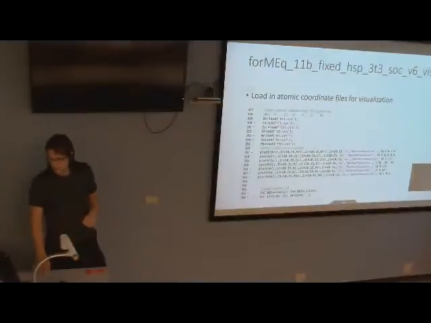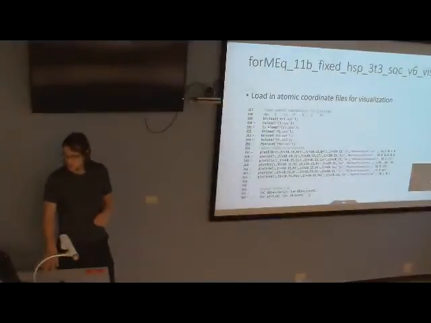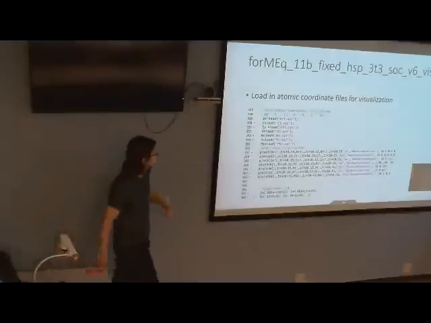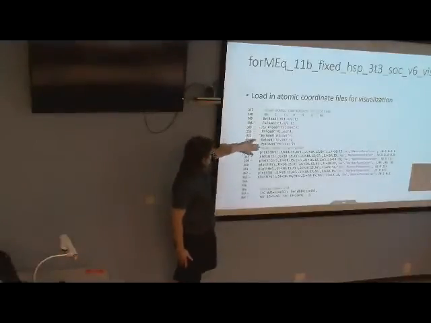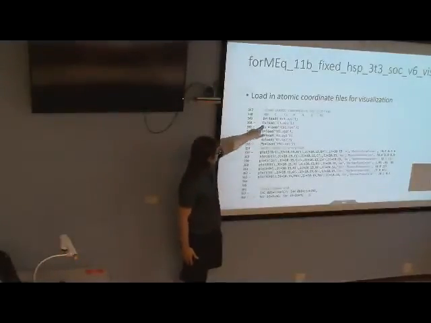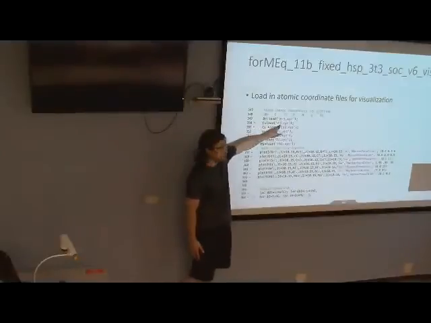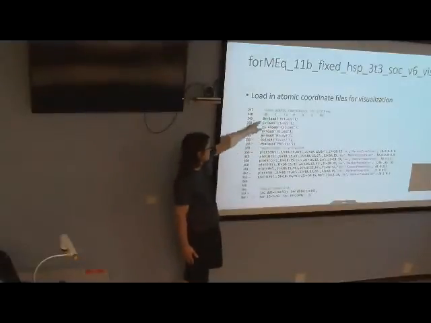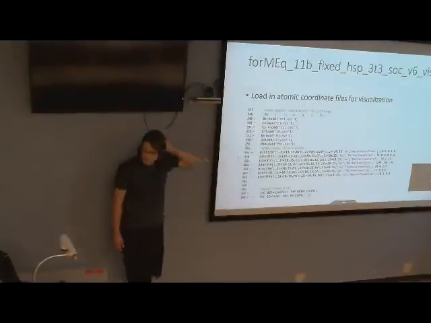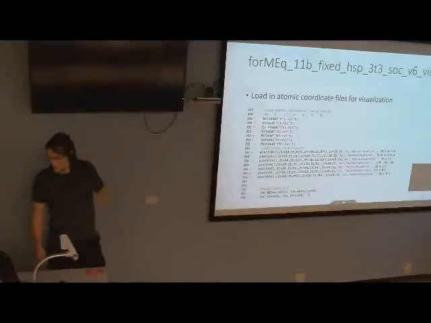And below that is the code that visualizes the atomic coordinates. So the carbon atoms would just load in your C1, and then for all the other chemical elements, you just load in the XYZs.